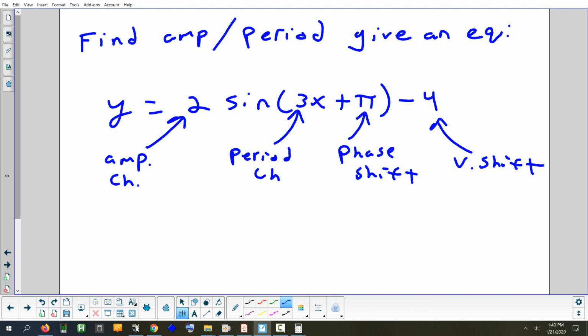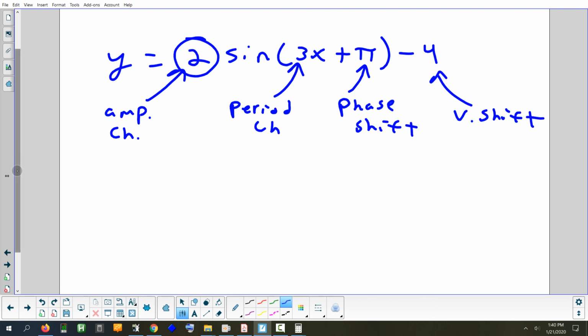So, to find amplitude, it's always the absolute value of the number in front, because amplitude is a height. If you want to look at it visually, the distance from here to here, that's the amplitude. It's the height of the wave, which is symmetrical to how low it goes as well.